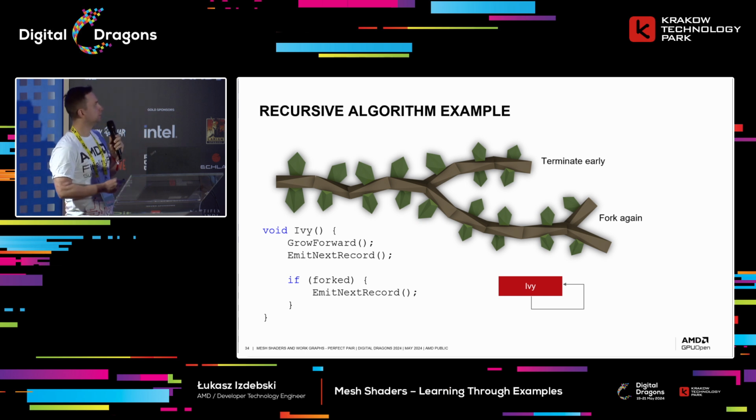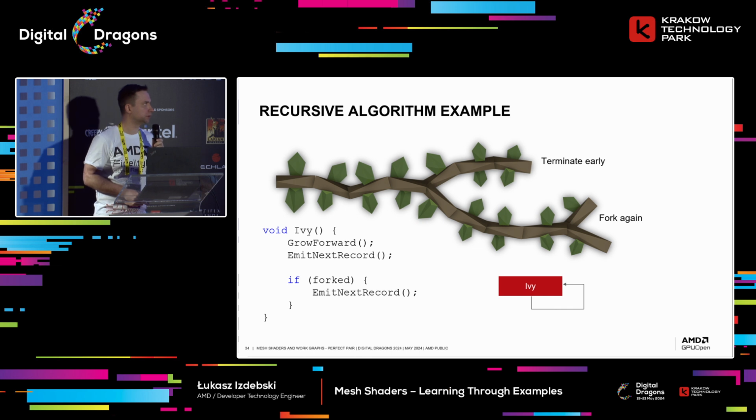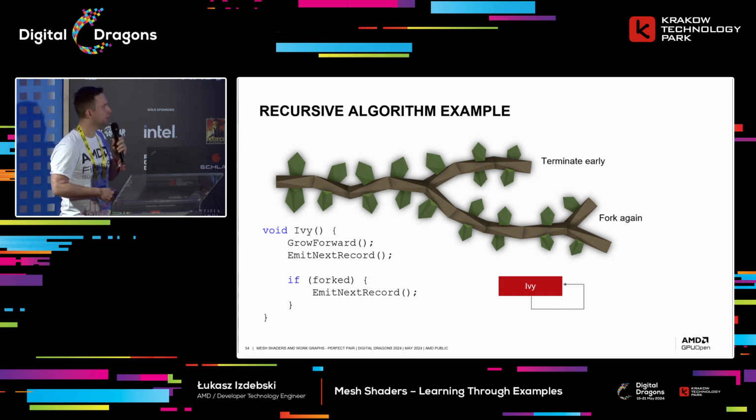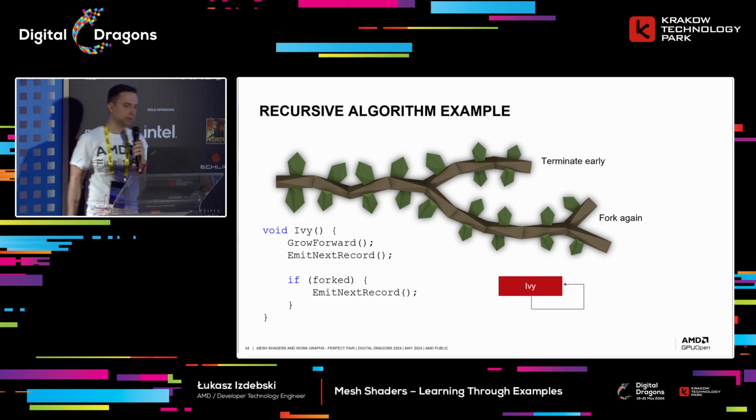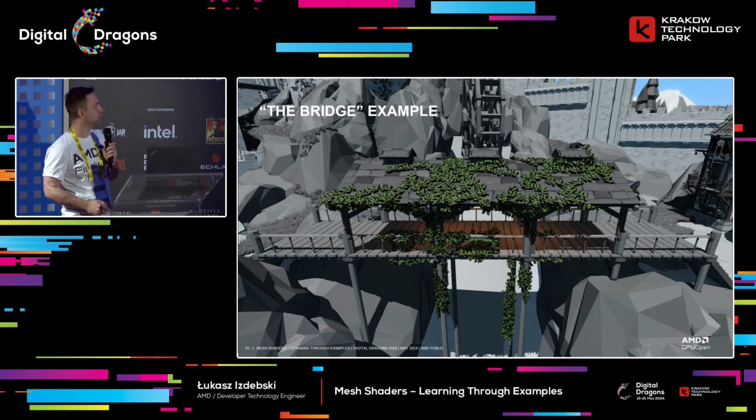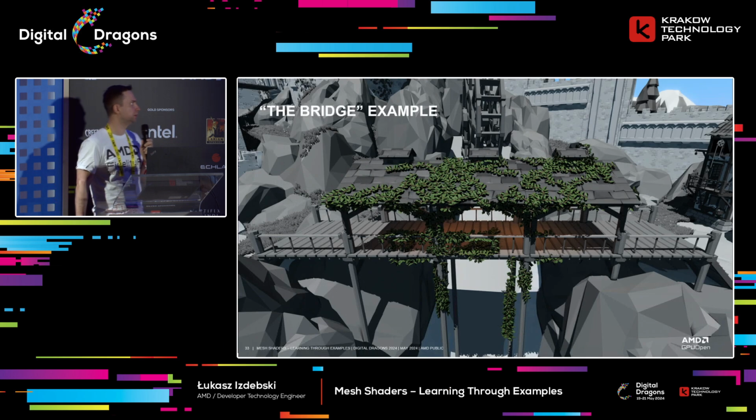By that we can decide how long this ivy chain will be, and we can add a little bit of logic to terminate early or even fork. So once again, all those were created dynamically.